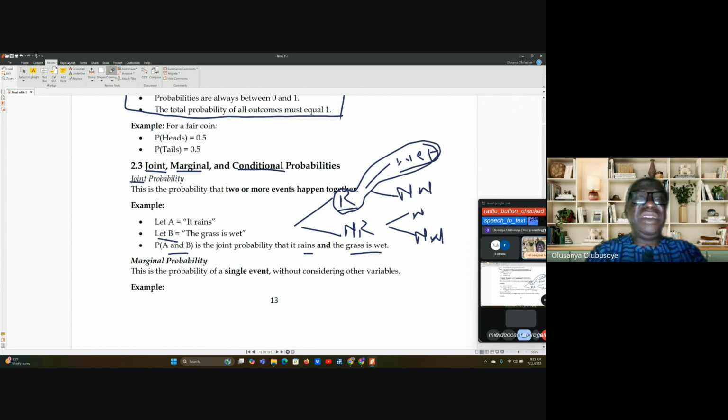So A represents it rains, B represents the grass is wet. In most practical situations, we will be looking at joint probability, in other words, two events occurring at the same time. This is where I will stop.